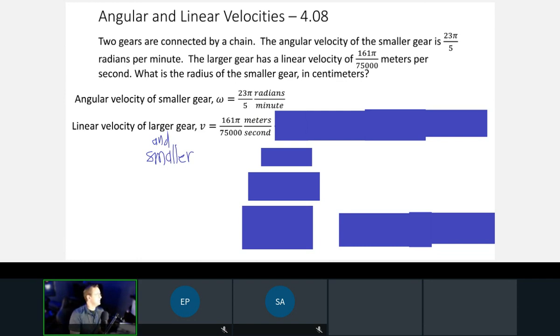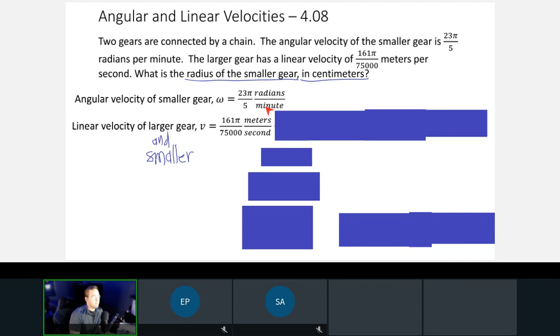All right, so we wrote down the given stuff. We really haven't done anything in this problem yet. This problem wants us to find the radius of the smaller gear in centimeters. Well, right now we are talking about meters per second. This up here is radians per minute.